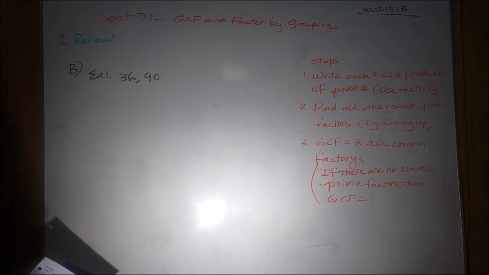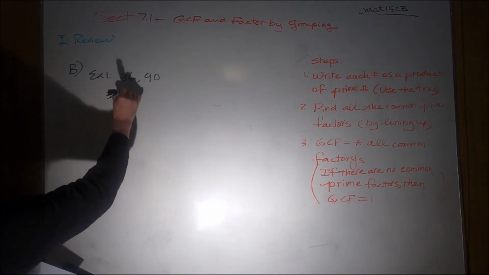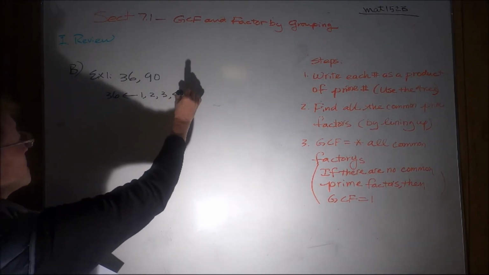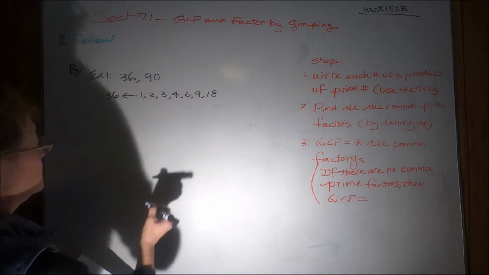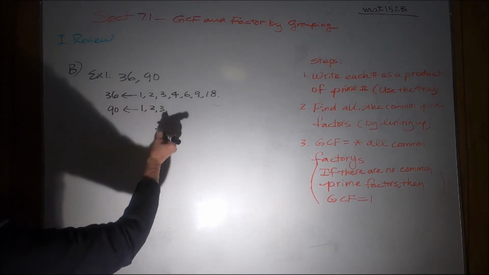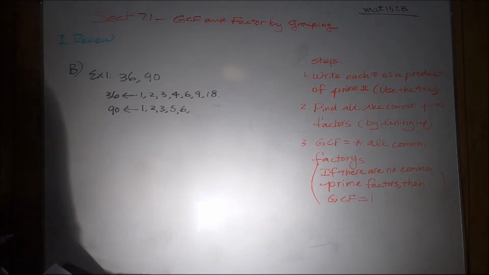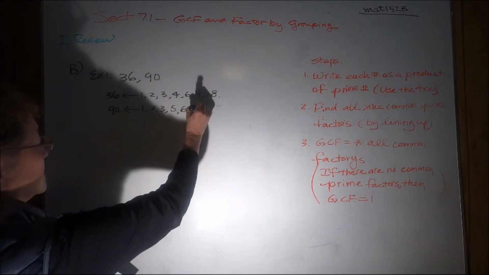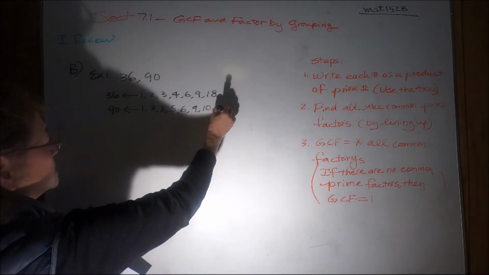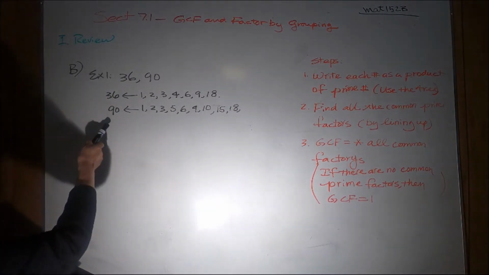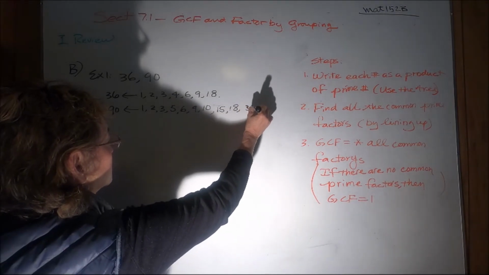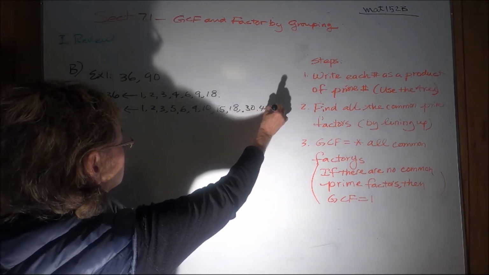The factors of 36 would be 1, 2, 3, 4, 6, 9, 18. Then for 90, there are many: 1, 2, 3, 4, 5, 6, 9, 10, 15, 18, 30, 45, things like that.